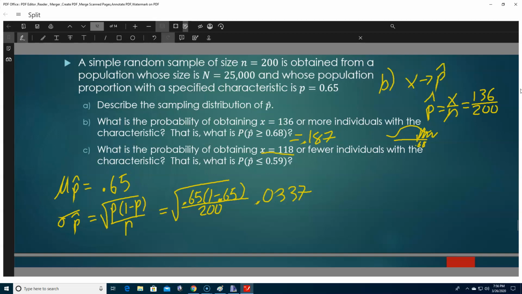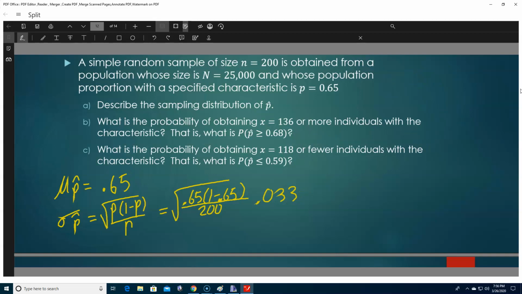Let's backtrack a little bit. So here for C, we're going to turn X into p hat, and p hat is equal to X divided by n, which is equal to 118 divided by 200.